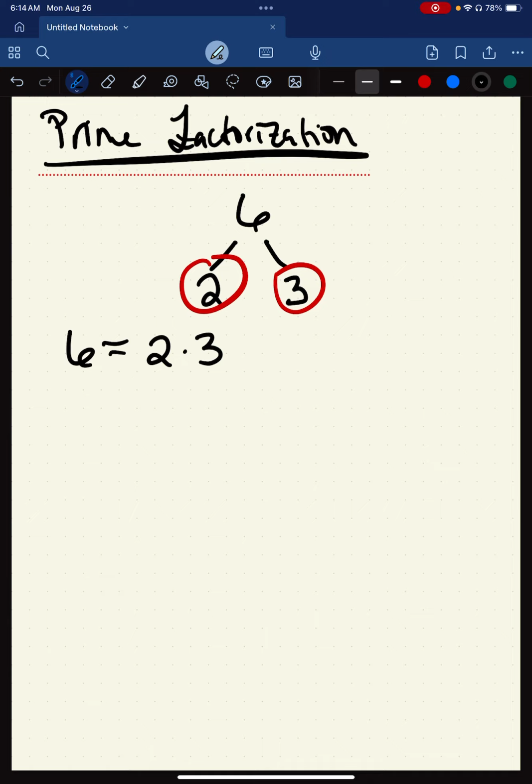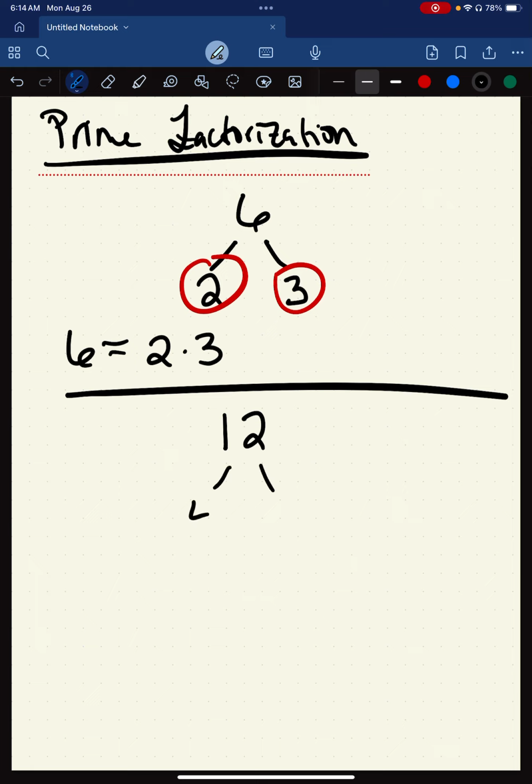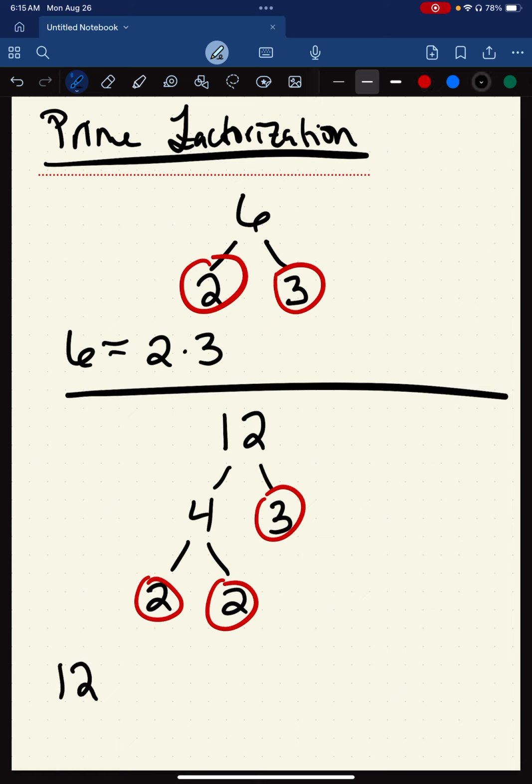Let's do another. Let's do 12. 12 is 4 times 3. 3 is a prime number, but 4 is not. So we can break down 4. 4 is 2 times 2. And the 2's are a prime number. So we can say 12 is 2 times 2 times 3.